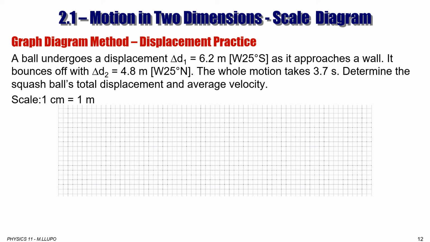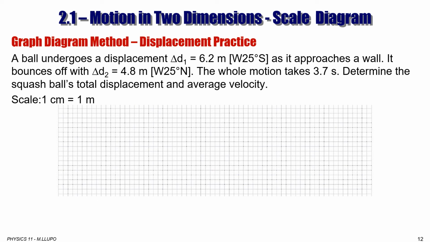Remember, the scale, because you need to fit those vectors in the space that you have on your paper. I chose 1 centimeter equals 1 meter because I can draw 6.2 centimeters and 4.8 centimeters easily on my paper here.